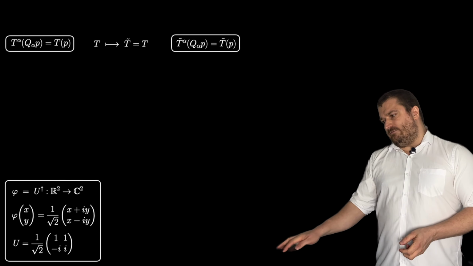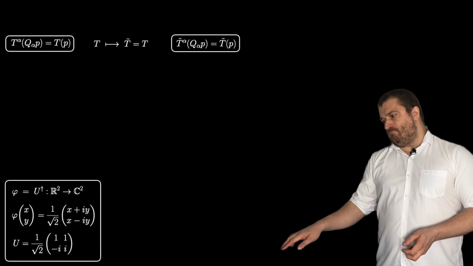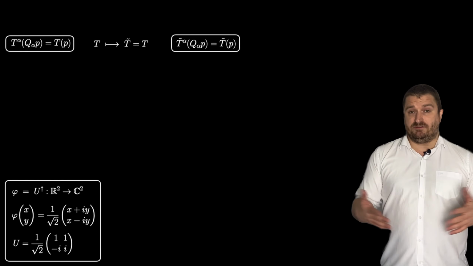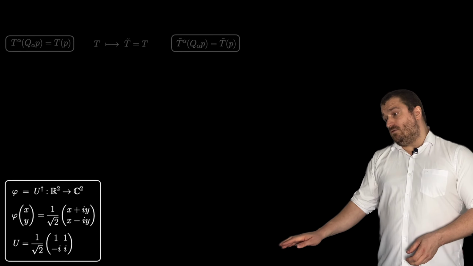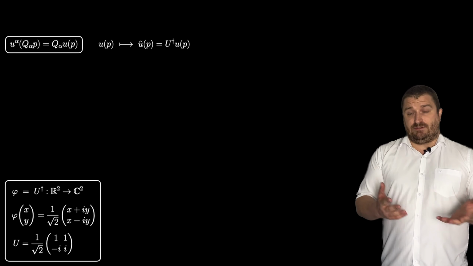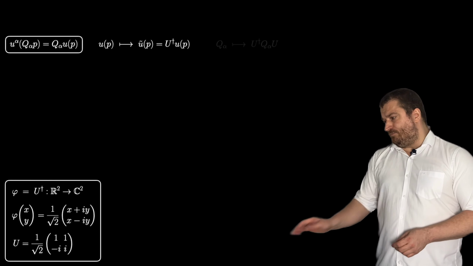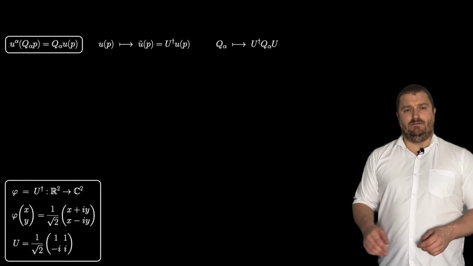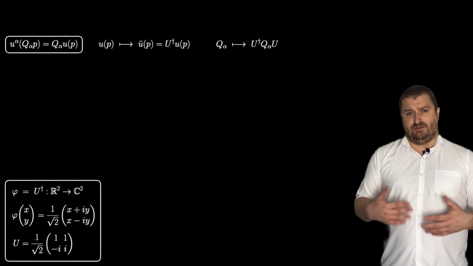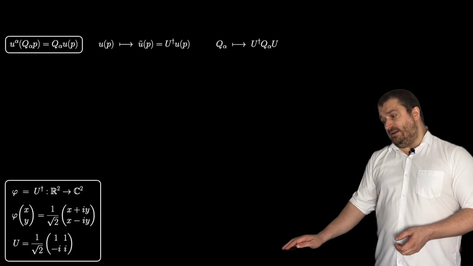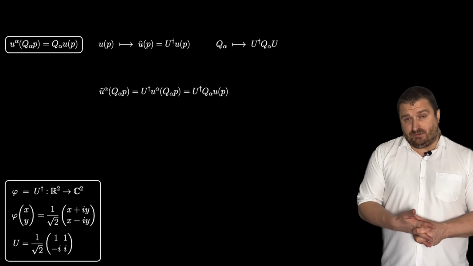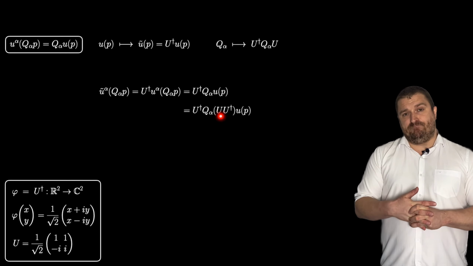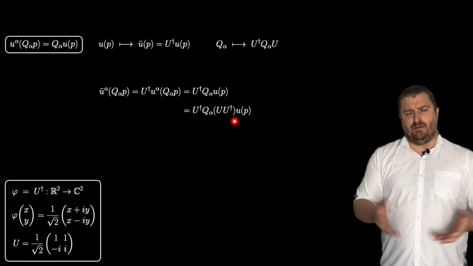Let's take a look at our friend the scalar. Not much happens, as we know, but it's still worth writing it down. The vector U, we know that it just transforms under a simple basis map, so we'll write out U dagger U, and we'll also make use of the transformation of the rotation operator that we just found. Writing it out explicitly, we can use the fact that U dagger U is equal to the identity matrix, and so we'll insert that in there and it has no effect on anything.